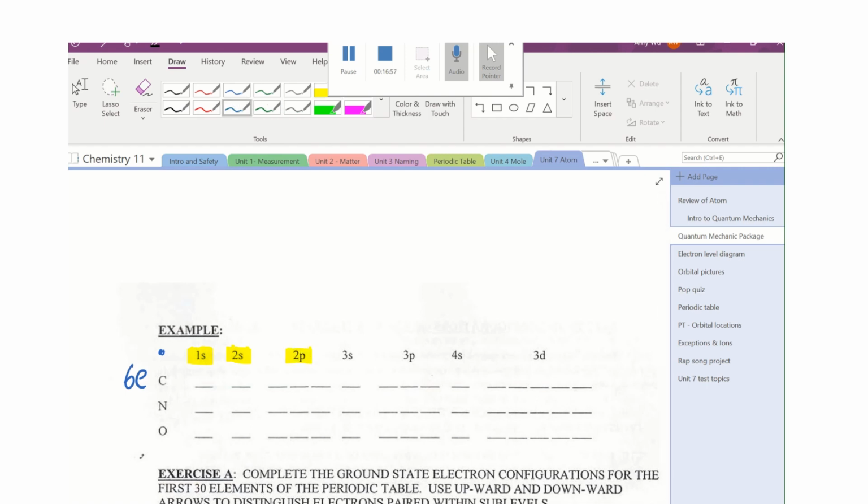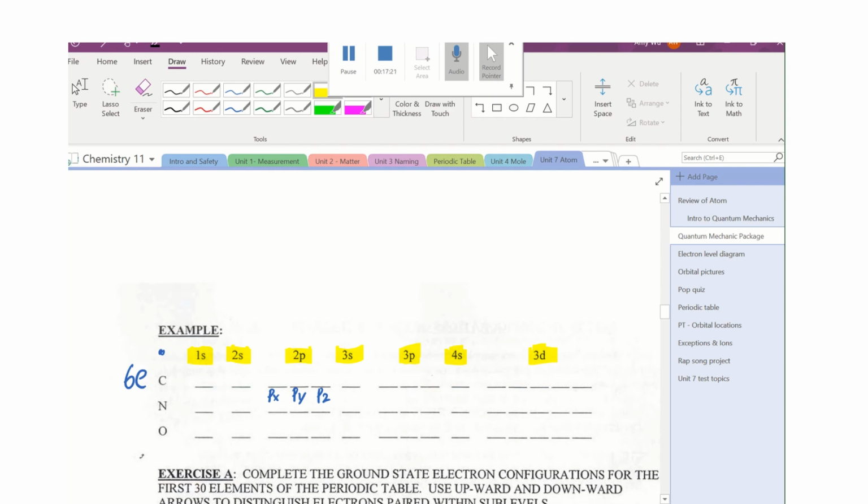Don't forget the p's: we have px, py, and pz. That's why there are 3 lines here. Each line represents an orbital, okay? And then we have the 3s, 3p. Now here comes something a little bit weird. We have the 4s before the 3d.